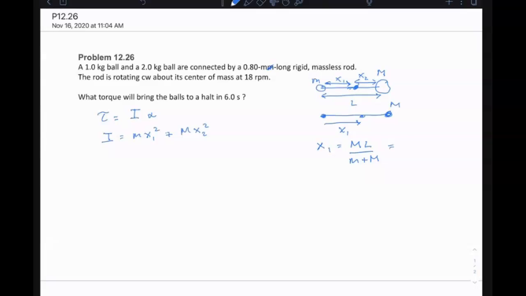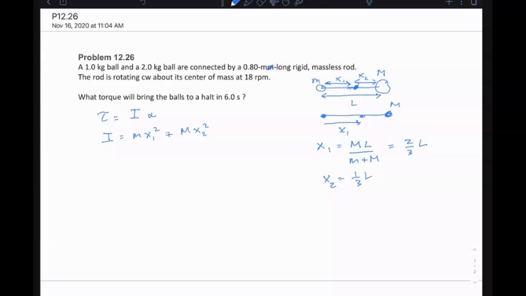Big M is 2, little m is 1, so this tells us that x1 is equal to 2/3 L. And that must mean that x2 is equal to L minus x1, which is equal to 1/3 L.